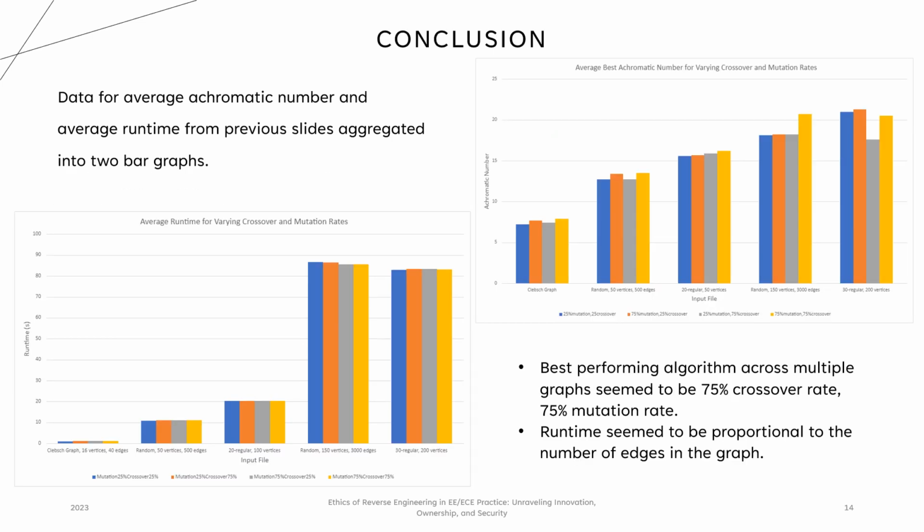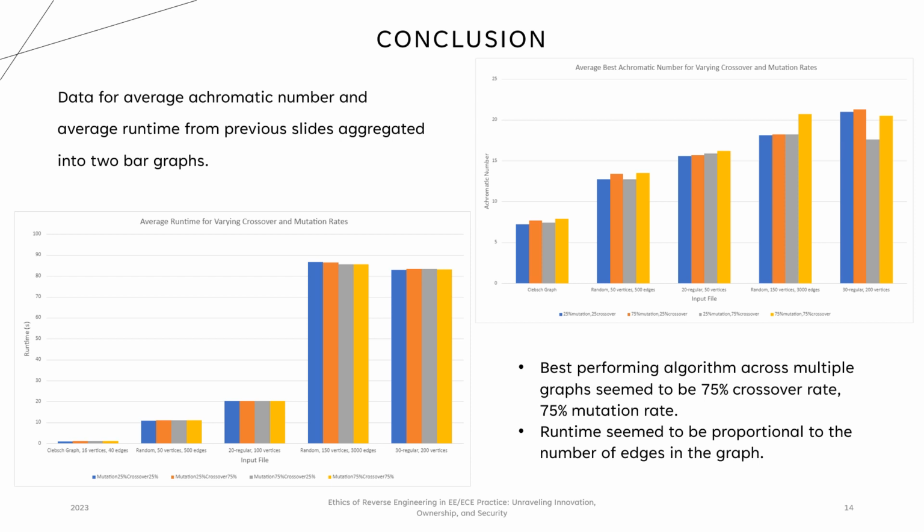So to conclude here, I've aggregated all the data from the previous tables into these two bar graphs for the average achromatic number found and the average runtime for the different algorithms on the different graphs. Notably, the best performing algorithm across multiple of the graphs seems to be the 75% crossover rate and 75% mutation rate algorithm.